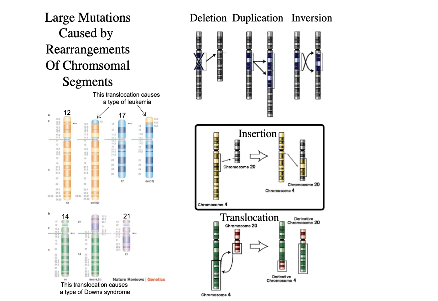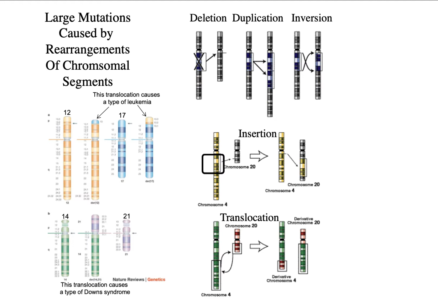In some cases, you can get rather large insertions of pieces of chromosomes due to recombination events usually. So here's a piece of chromosome number 4 being inserted into chromosome number 20, which does cause a type of cancer in humans.